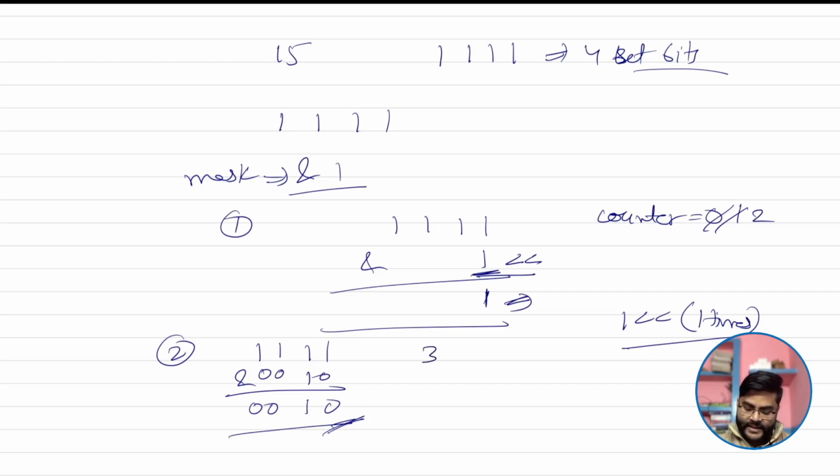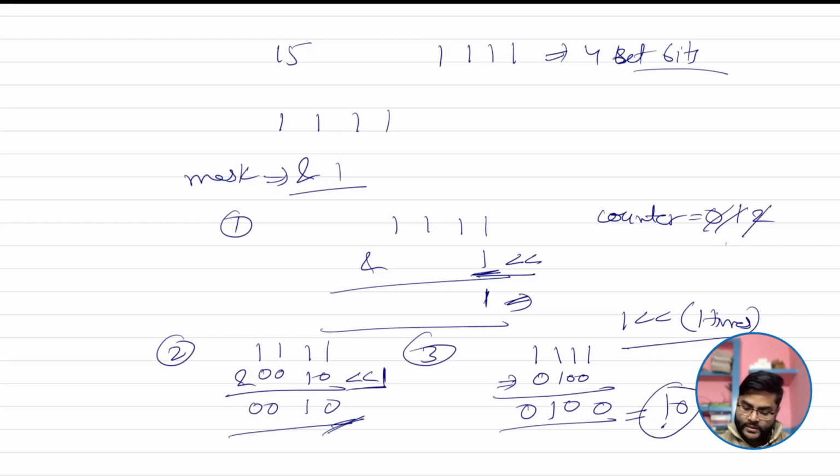Again do the left shift by 1, and your mask will now be 0100. Again do AND, it will be 0010, which is non-zero, so increment your counter.